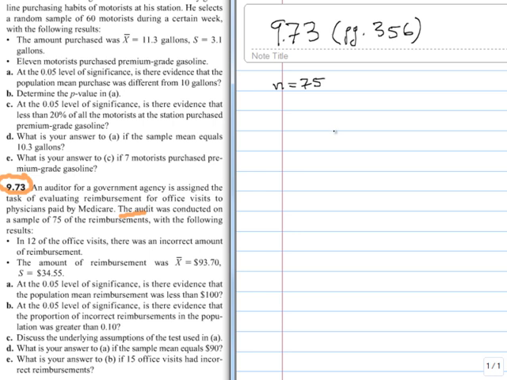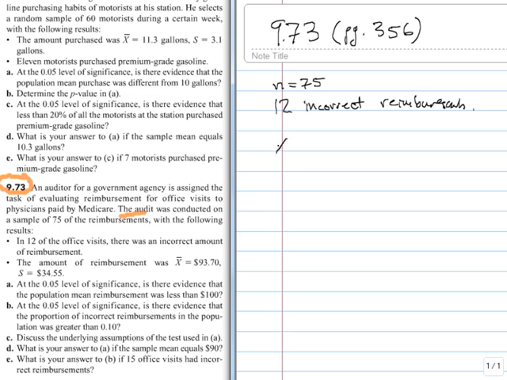Next, it gives us some bulleted information points. It says 12 of the office visits had incorrect amounts for reimbursement. And so I'm going to write 12 incorrect reimbursements. It also says the amount of reimbursement had an average of $93.